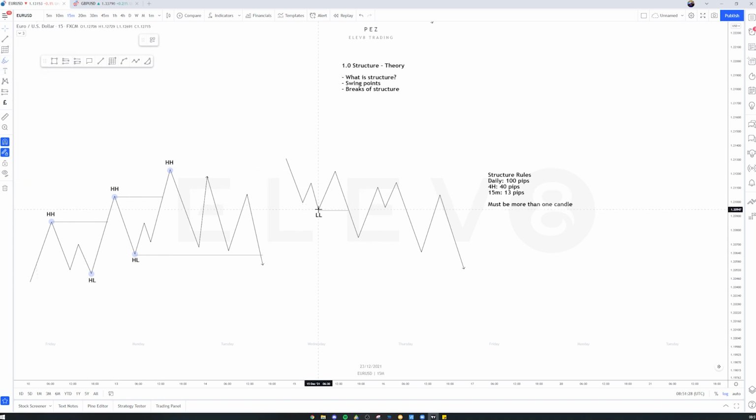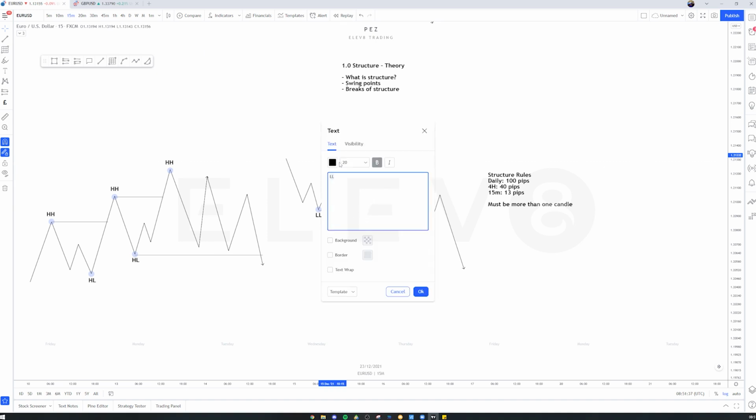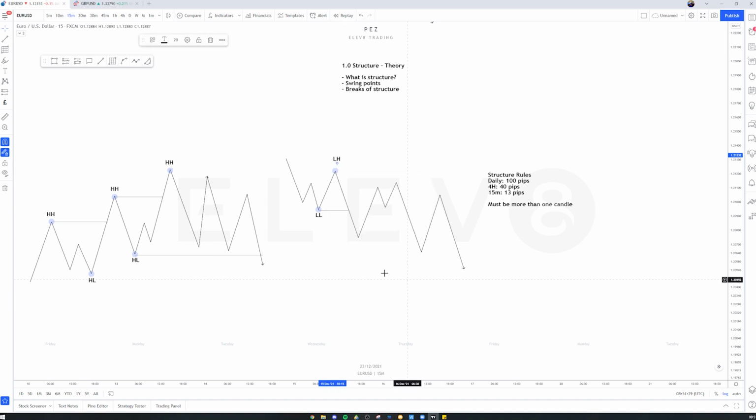We mark on the swing point, and then the high that broke this low is our lower high. Then we come here, pull back, creating a lower low, and we pull back into here, and then we have a break of structure again.